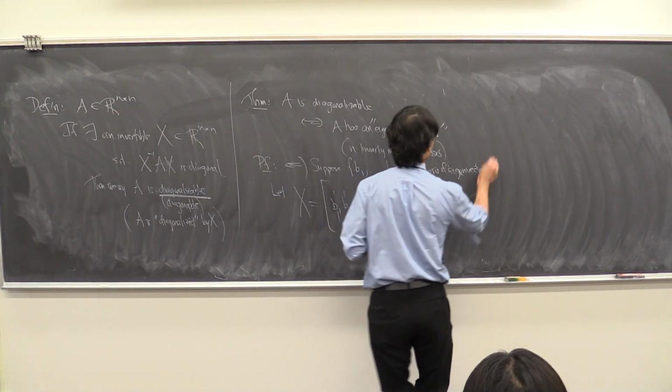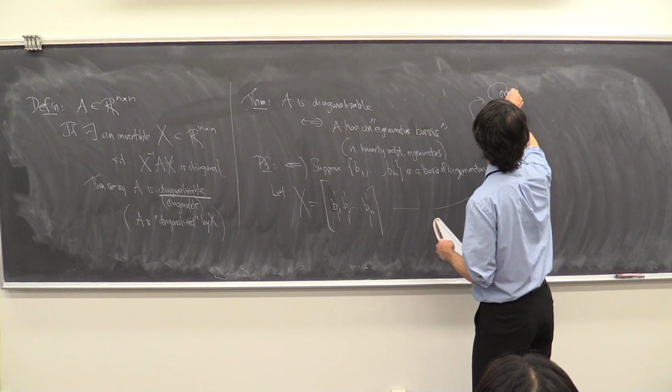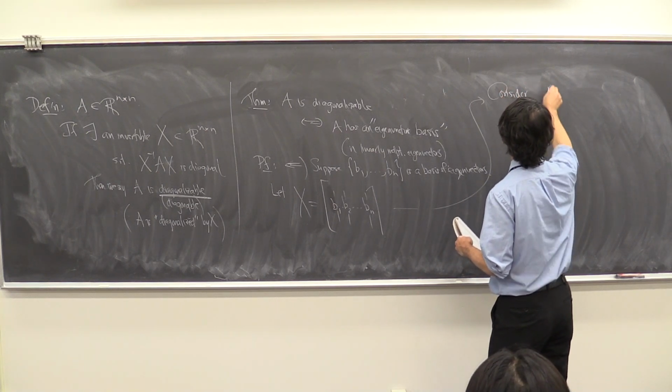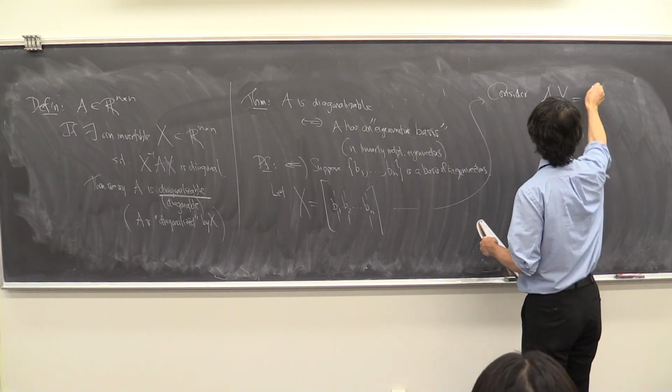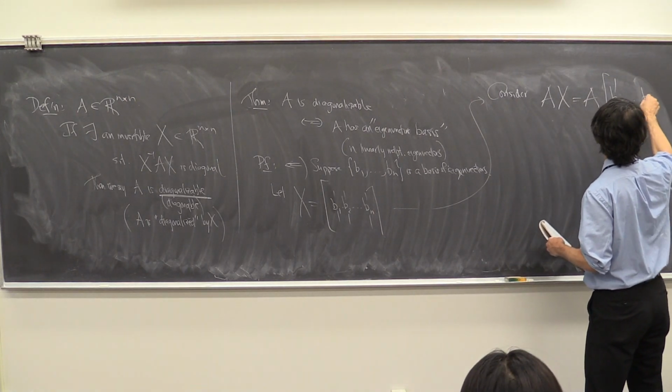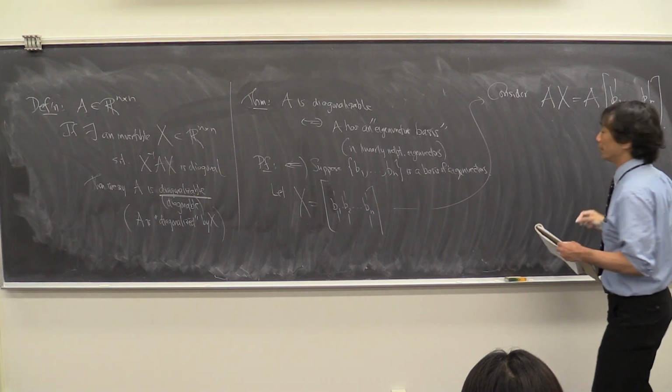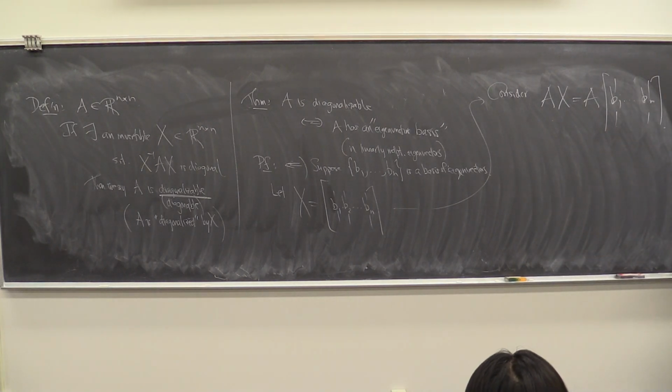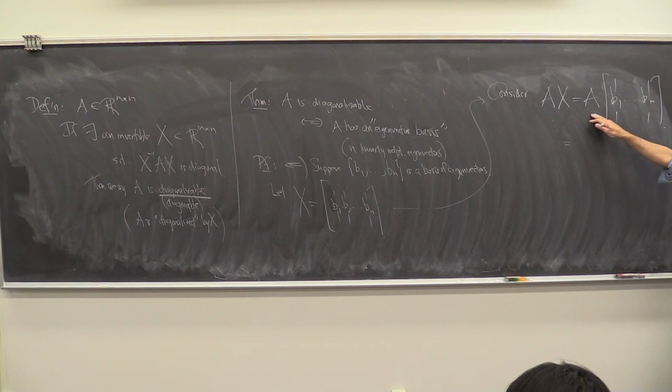Now consider A times X, so it's A times the matrix of these columns. If you remember how a matrix acts, it multiplies each of those columns separately.